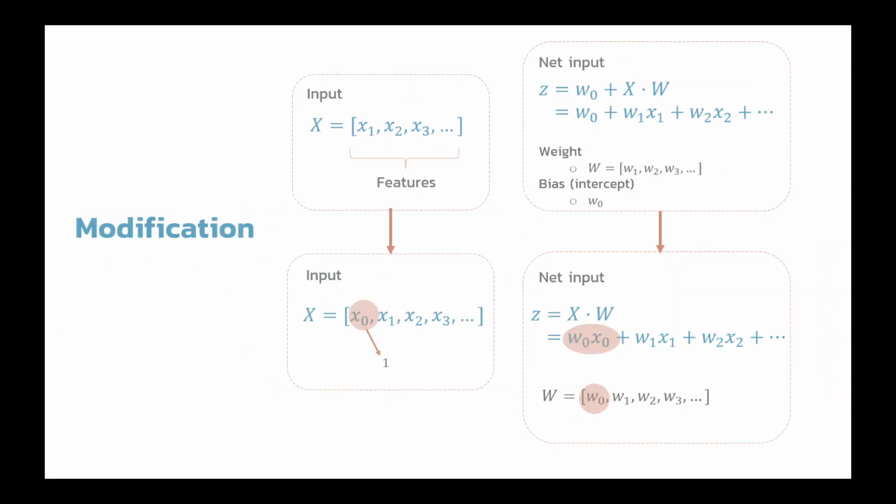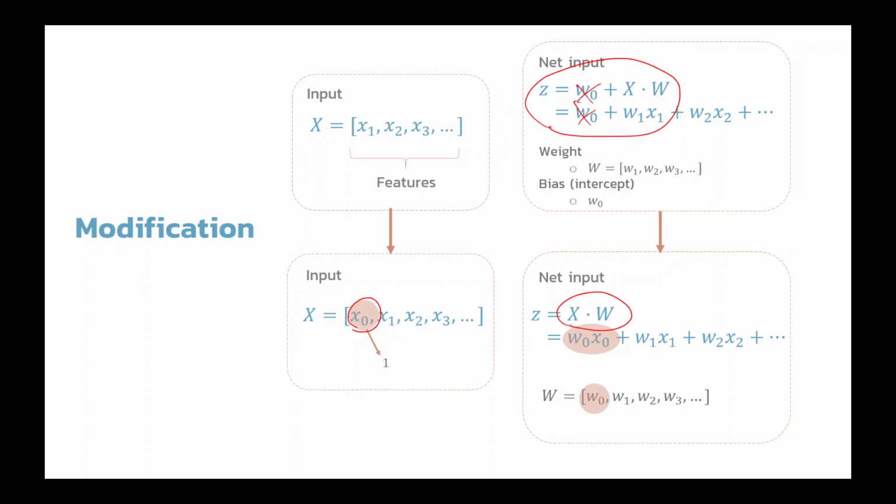And I'm going to modify things a little bit, just so that I can write things in a shorter manner. The features are the same, but the input is going to include a 1 in here. So it's going to be x0, which is just a dummy value. So that when I write my z function, I can get rid of this term right here and just write something like this.